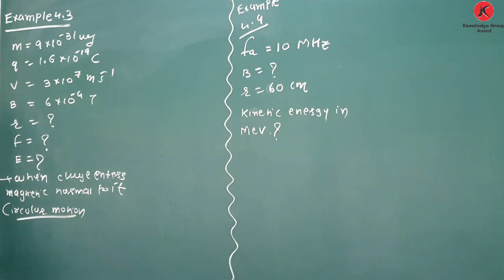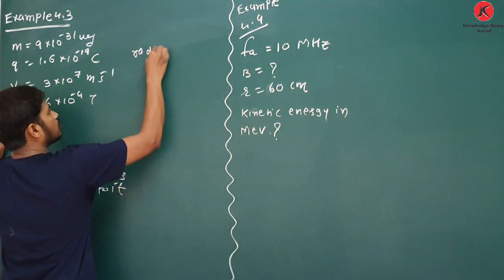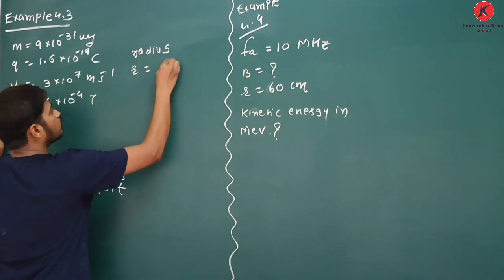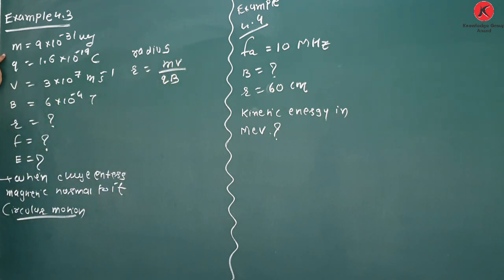And for circular motion, you know the equation of radius: R is equal to mv upon qB. m is given, v is given, q and B, each and every value is given. You can easily find it.